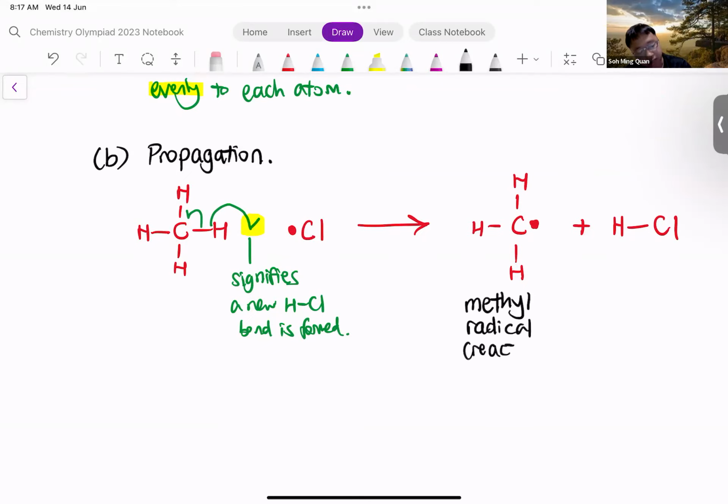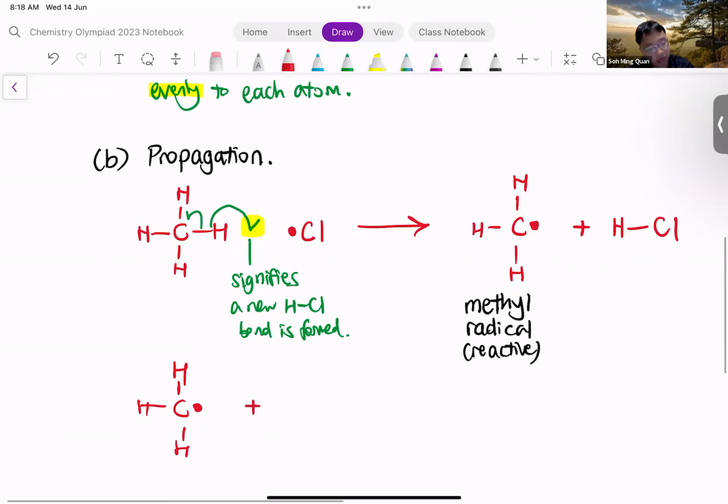Again, radicals are reactive. You know this is not going to stay for too long. So what will the CH3 dot do? So the CH3 dot, look at it. Okay, it will react with another molecule of chlorine.